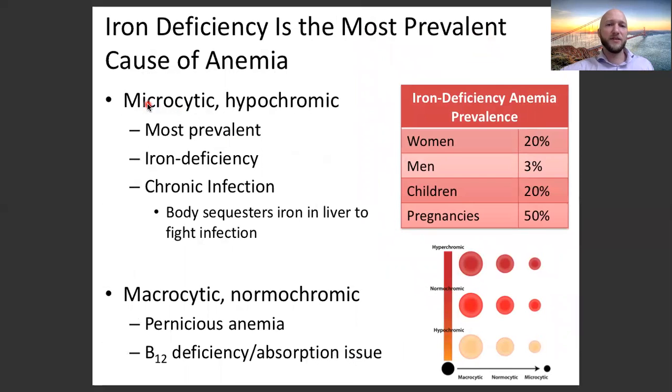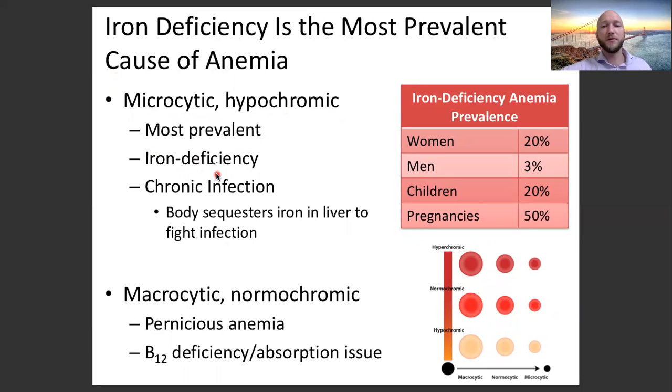Iron deficiency is the most prevalent cause of anemia. Iron deficient anemia tells you what's causing it. Iron deficient anemias are characterized by being microcytic hypochromic. It's the most prevalent type of anemia, and it could be a dietary issue.